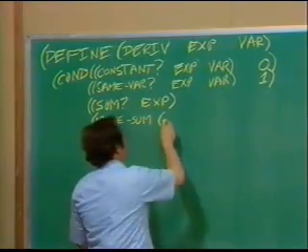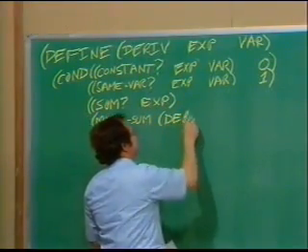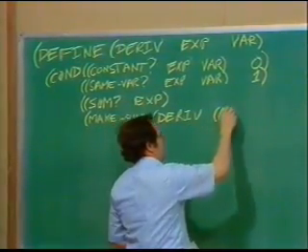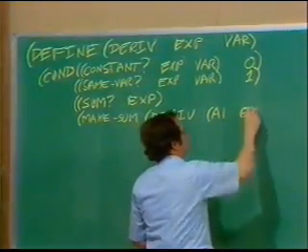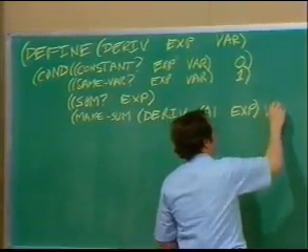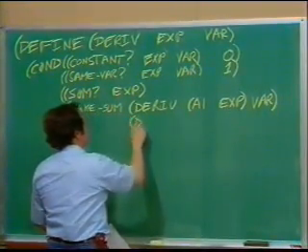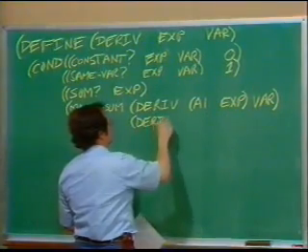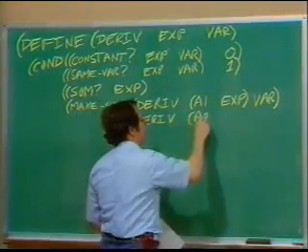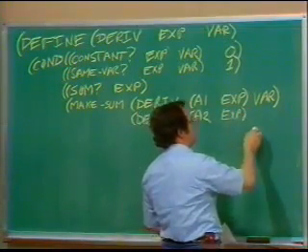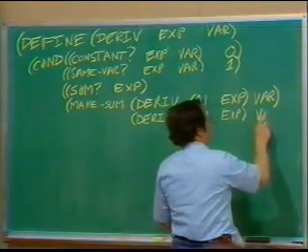Make sum of the derivative of the A1, I'll call it, the addend of the expression with respect to the variable, and the derivative of the A2 of the expression. Those are the two arguments of the addition with respect to the variable.